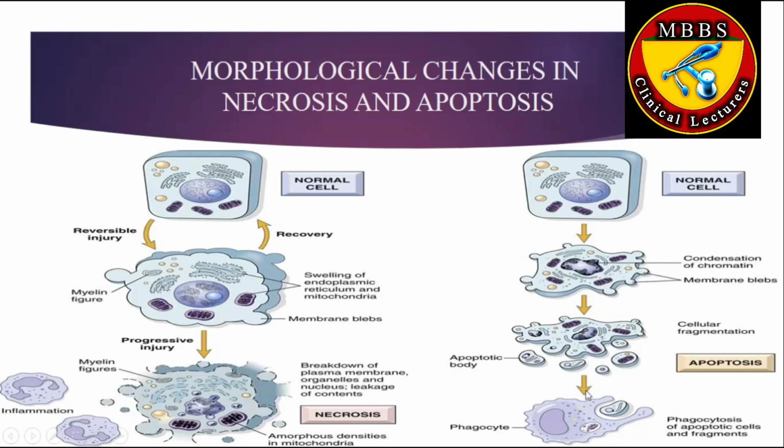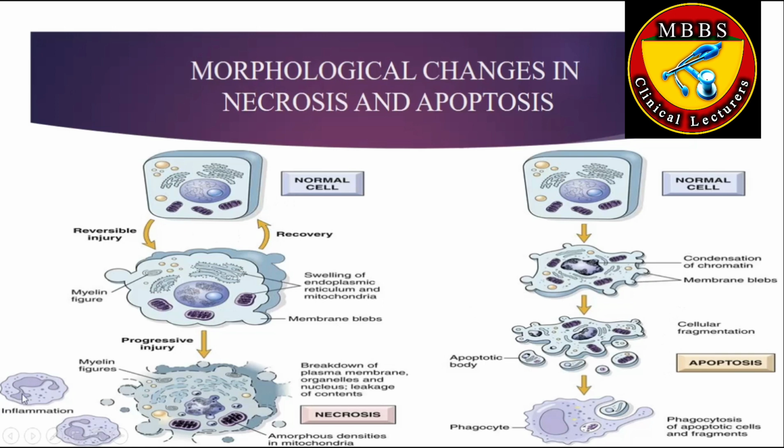The dead cell is rapidly wiped out or destroyed before the contents leak out, and that is why cell death in this manner does not elicit an inflammatory reaction like in necrosis. And this is the morphological changes in necrosis and in apoptosis.